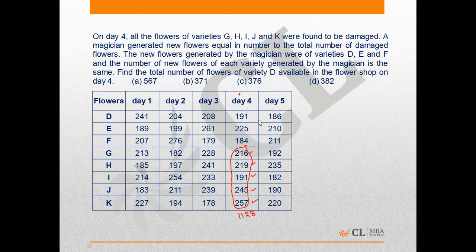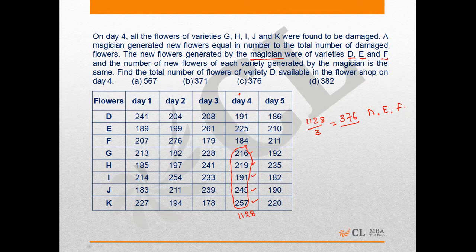So what the magician has done, he created an equal number of varieties E, D and F, which is equal to the total number of G, H, I, J, K, which is 1128. So can I say he divided this 1128 in 3 equal parts? So 376 of each D, E and F.